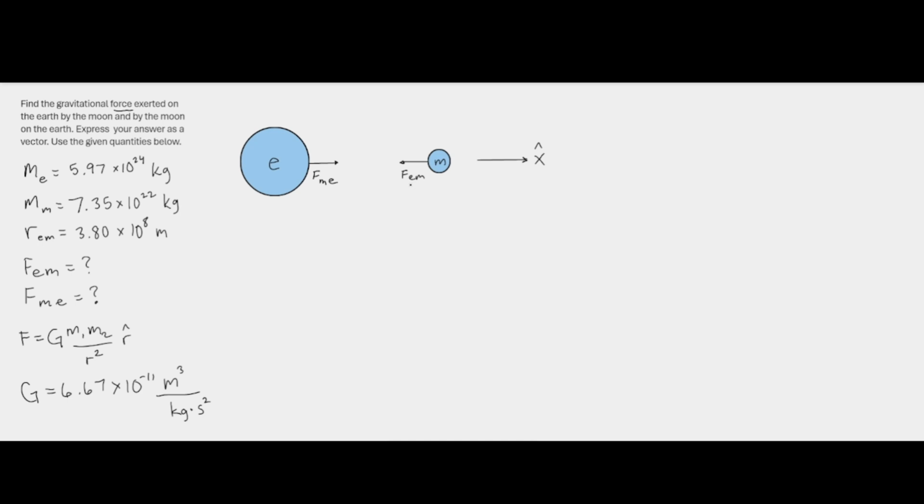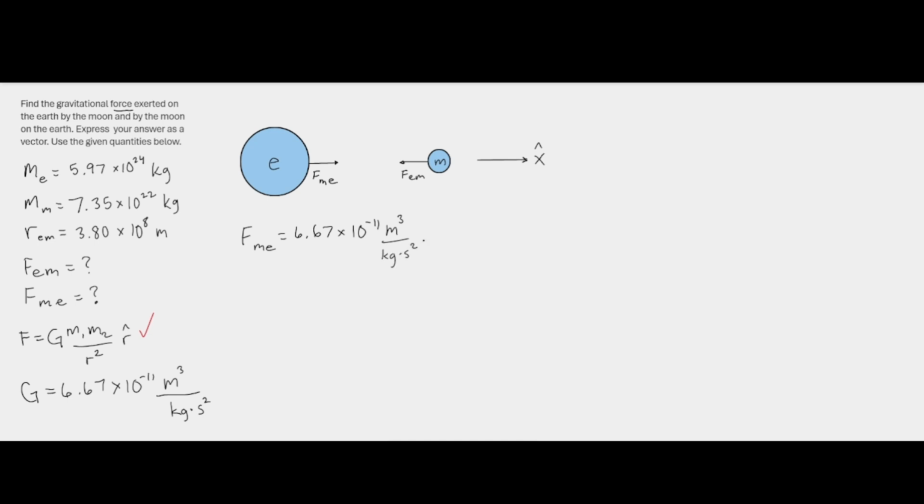So let's figure this out. I'm going to find the force of the moon on the Earth. I'm using the formula for Newton's law of universal gravitation, and first I'm going to plug in the number and the units for the gravitational constant. That's 6.67 times 10 to the negative 11, meters cubed over kilograms times seconds squared.